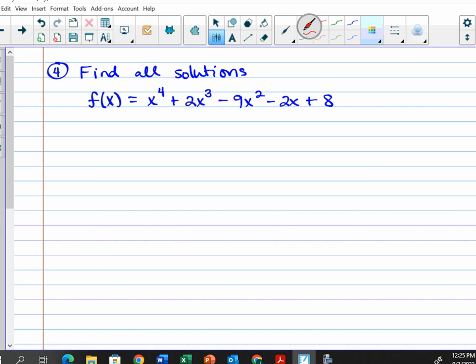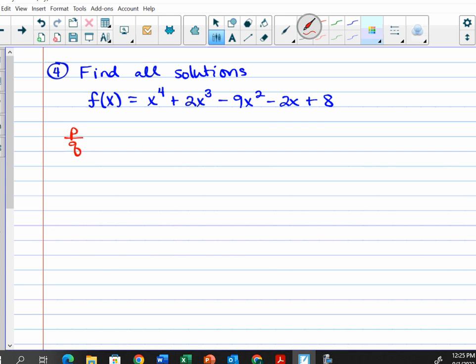P over Q. I'm going to do this one with you again, because do you guys see how this is 4th degree to start with? So when you find one that works with synthetic division, that will get you down to a cubic. That might not factor, so then we have to do it again. We always want to try to get it down to a quadratic so that we can successfully factor it.